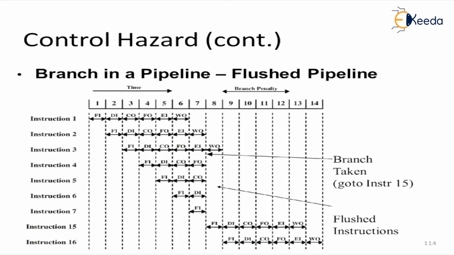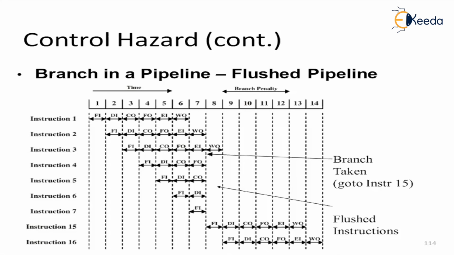Now in the particular diagram we are referring to right now, you have instruction 1 which is followed by instruction 2 and it goes up to instruction 3. But after instruction 3, it directly gets followed by instruction 15 and then 16.